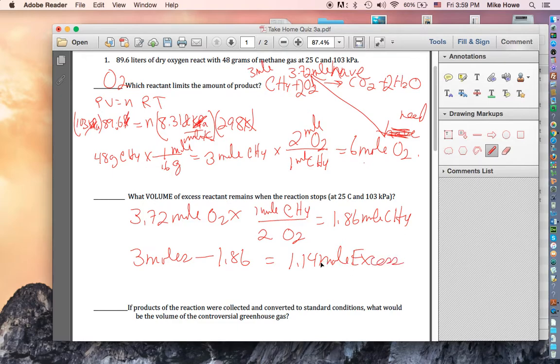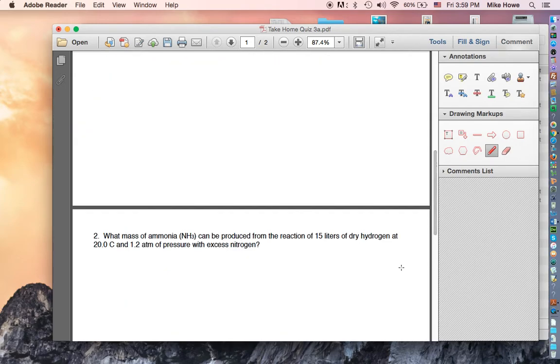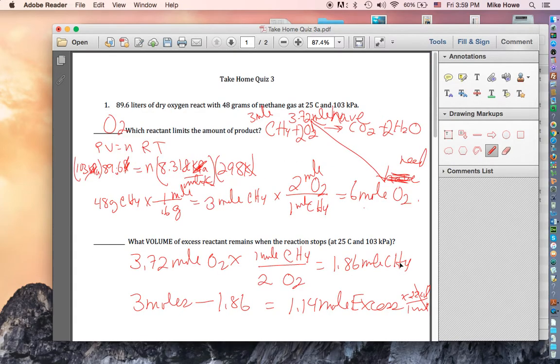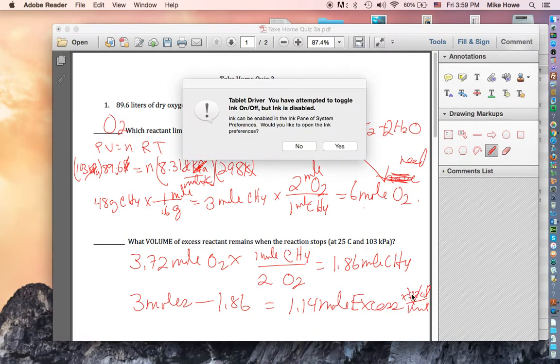So now can you multiply that by 22.4 and find the volume? And the answer to that, of course, is no. The reason you can't do that is because the lab is at 25. You can't multiply by 22.4 liters per mole because the lab is not at standard conditions.